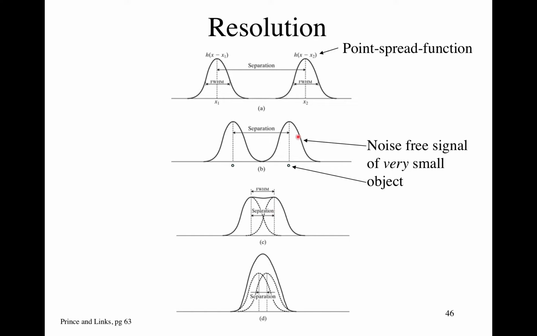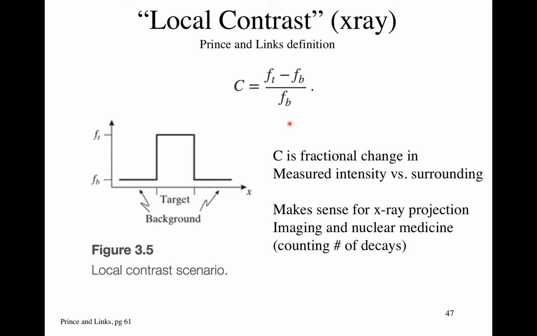Each one is one of these point spread functions, but if it happens in isolation, you can actually measure where the peak of this thing is, and that's where my object is. And so you get around this resolution limit by reducing the flux of signals such that you get these independent Gaussian blobs coming out, and you map basically the center of mass of each of those blobs, and that gives you a quote-unquote super resolution image. That's in a different course, though.